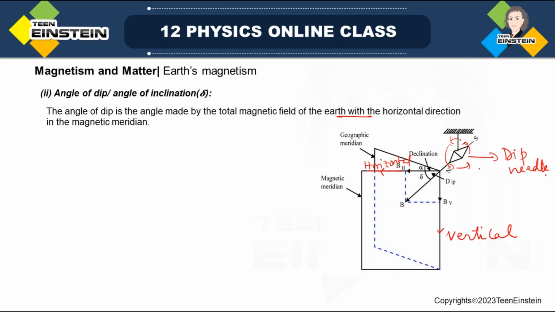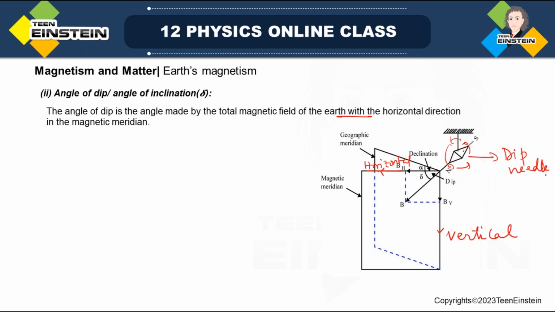Now, the dip needle is just the needle of a compass which is pivoted horizontally, but in such a way that it can rotate in the vertical plane, and that vertical plane is coinciding with the magnetic meridian. So it orients itself so that its north pole finally points exactly in the direction of the Earth's total magnetic field.